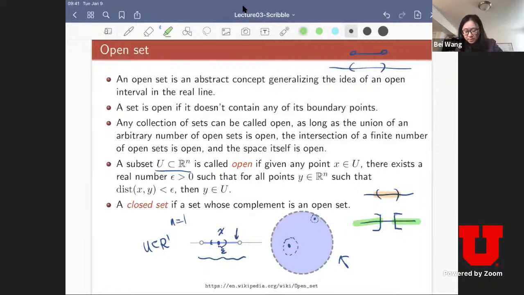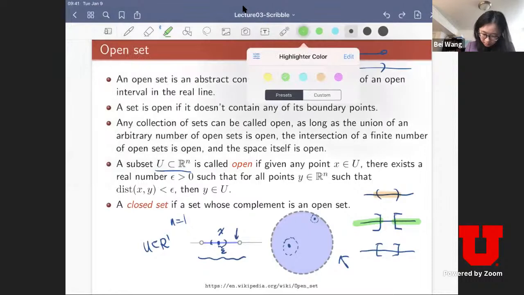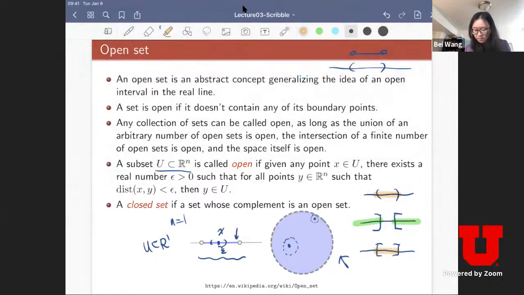Oh, sorry, this is the complement of an open set. Now let's talk about the complement of a closed set. If this is a closed set, which I'm drawing with square brackets, well, this is a closed set and its complement is open.